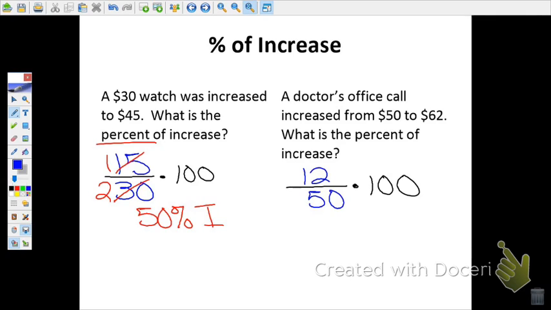If we wanted to, we could, again, simplify or reduce that. Or we can go ahead with our calculators. So I have 12, my fraction bar means I'm dividing. Divide by 50, and then multiply by 100.